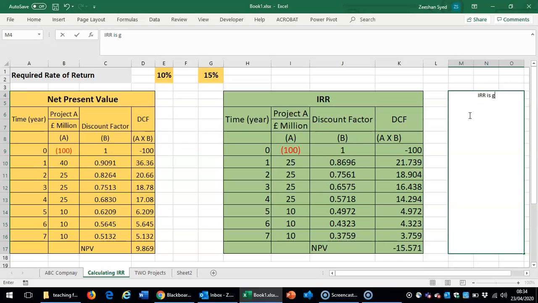IRR is going to be between 10% and 15%, or in other words, lower than 15% and higher than 15%.